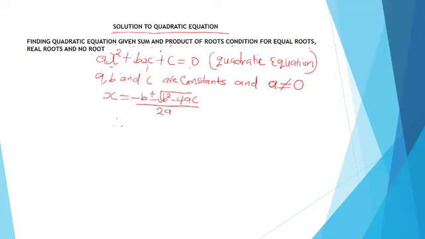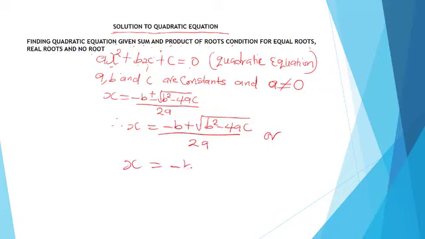Which signifies that the value of x is either minus b plus the square root of b squared minus 4ac over 2a, or x is equal to minus b minus the square root of b squared minus 4ac all over 2a. These are the two solutions to this equation, and we call this the formula method of solving. Because of the presence of the plus sign and the minus sign, you know that you have two answers.